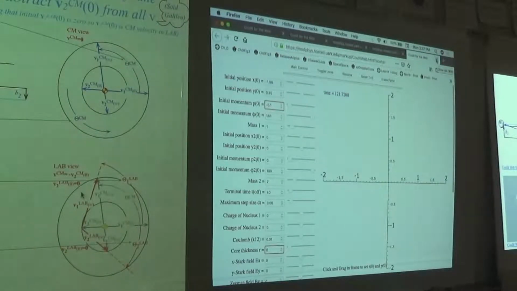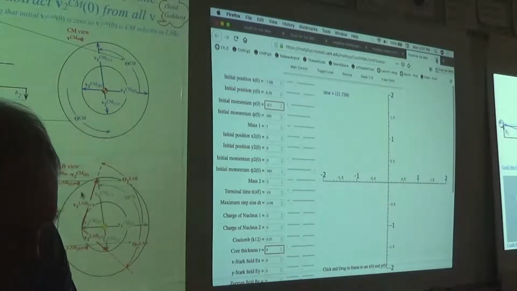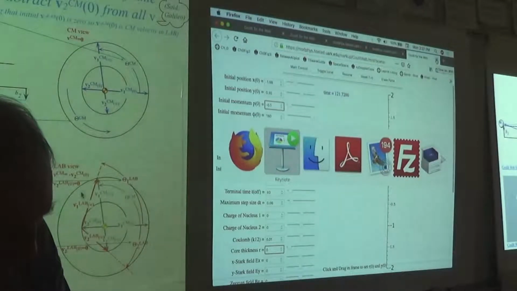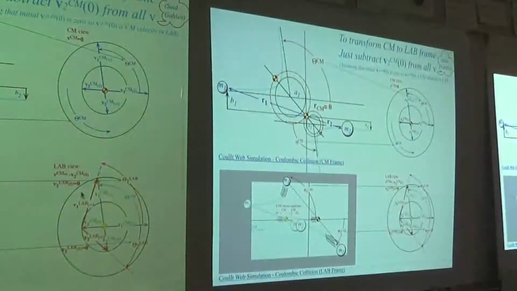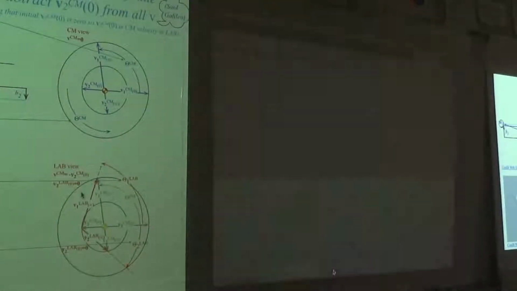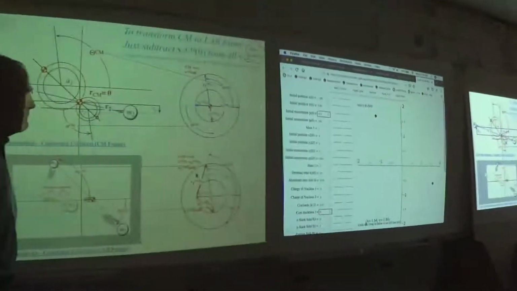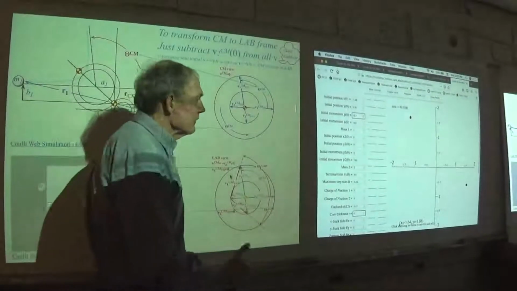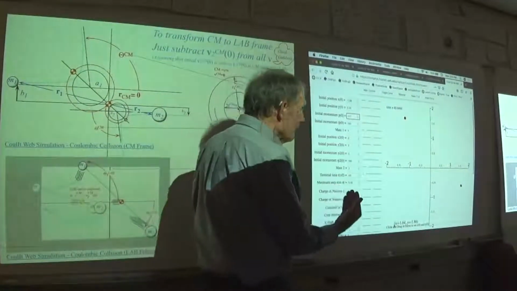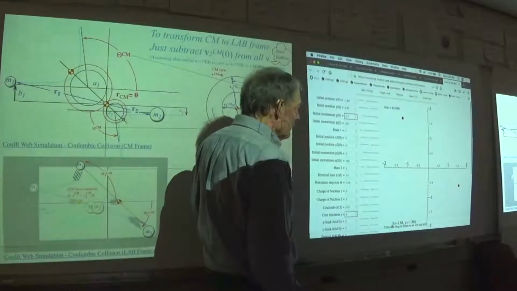So let me bring this one back and go ahead and do the view of this thing using the lab frame as a reference point. Okay, that's what I'm trying to picture in this frame right here. The idea that there is a point where this thing started, and this thing was way off here.